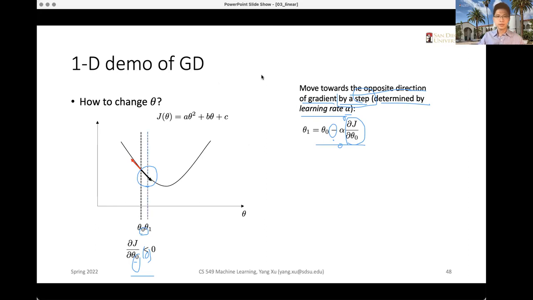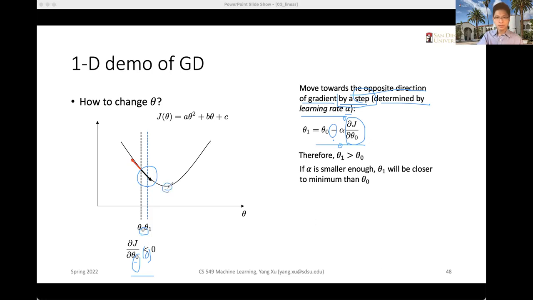Okay, so now let's look at our next iteration. Theta 1 appears a little bit to the right of theta 0, so theta 1 is greater. And if alpha is controlled properly and small enough, then theta 1 will be closer to the minimum point, because we know the minimum point is here.